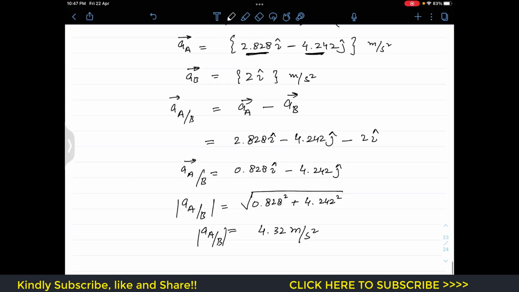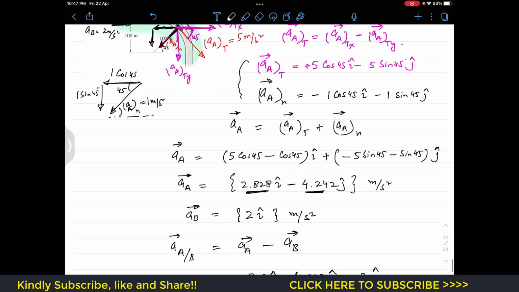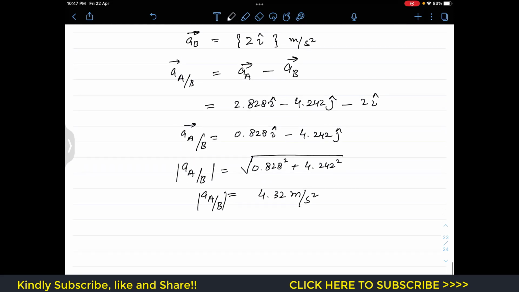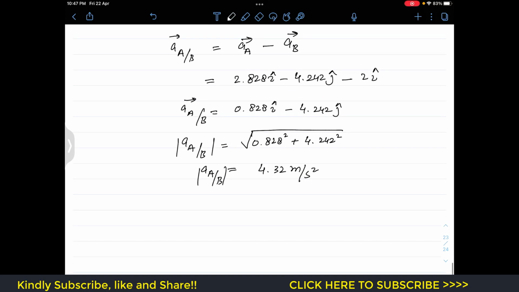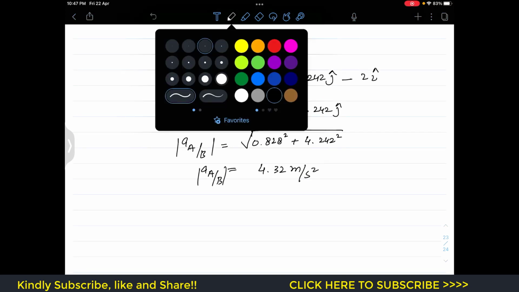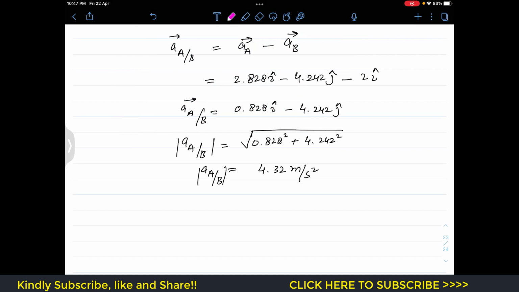Now if you want to find the direction of the relative acceleration of A with respect to B, as we can see, this is the Cartesian vector representation of the acceleration of A with respect to B. So from this we can draw the Cartesian vector of A with respect to B. As we can see, one of its components is acting in the positive x, so it will have one component in the positive x like this, and it will have one component in the negative y, that is in the negative j.